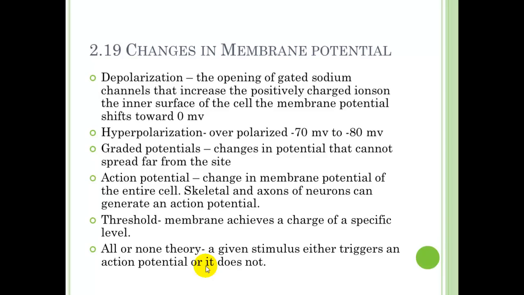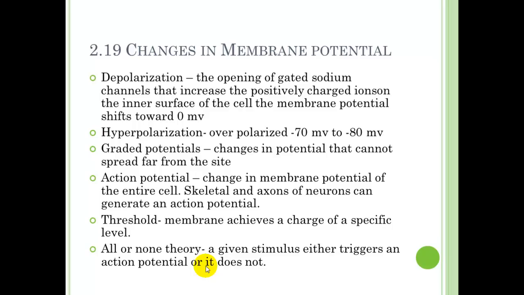And then the last term here is resting potential, the membrane potential of an undisturbed cell. Changes in membrane potential: how we are going to make a stimulus occur is called depolarization. Depolarization occurs because of the opening of gated sodium channels that increase the positively charged ions on the inner surface of the cell, and the membrane potential shifts towards zero.